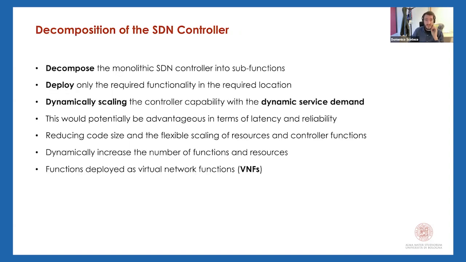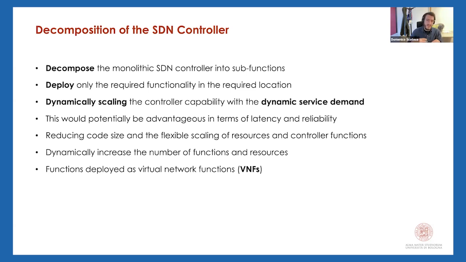So the basic idea is to decompose the monolithic SDN controller into different sub-functionalities. And then you are able to deploy the functionalities that you want in a locality, and then you can have the deployment in the form of virtual machine, in the form of Docker container, so you can dynamically scale, and also you can start up or shut down on demand which functionalities you want.